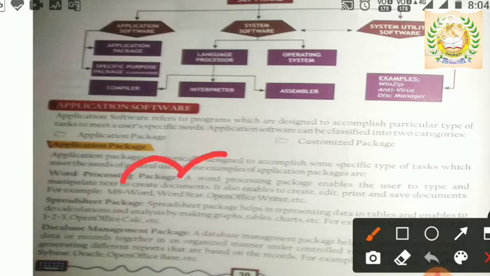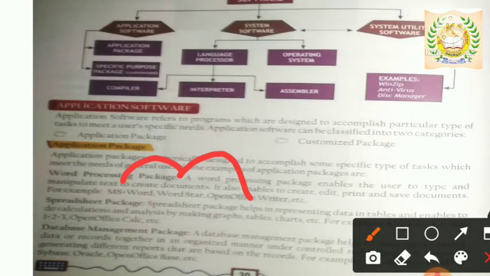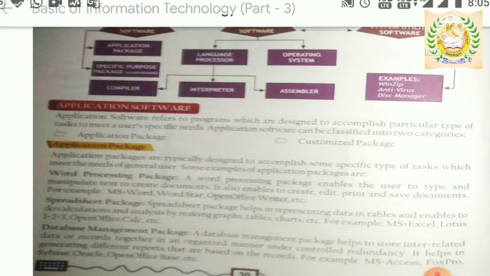There are some names you have seen over here: Microsoft Word, WordStar, OpenOffice Writer. These are the softwares by which you write your documents.